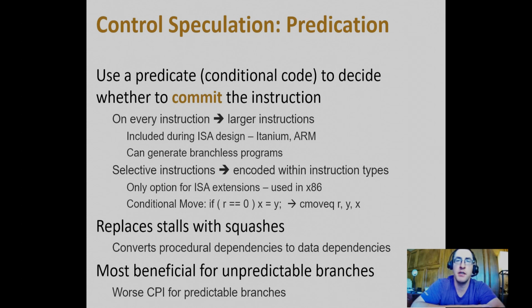If we add predicate bits to every instruction, that means we're increasing our instruction size. We have to make this decision ahead of time because we're modifying the instruction issue packet size, and we've got to have hardware to deal with these predicates, and our compiler has to be able to generate these conditional instructions.